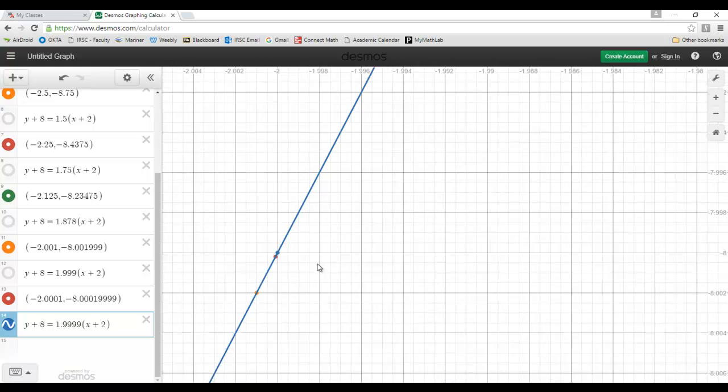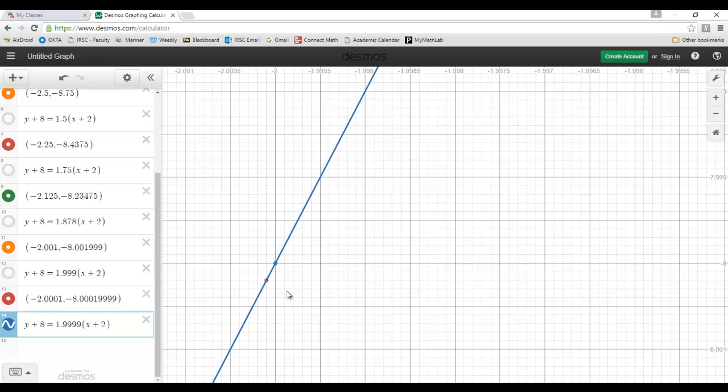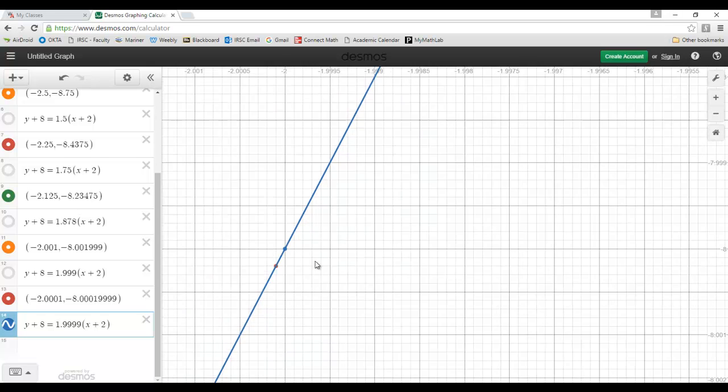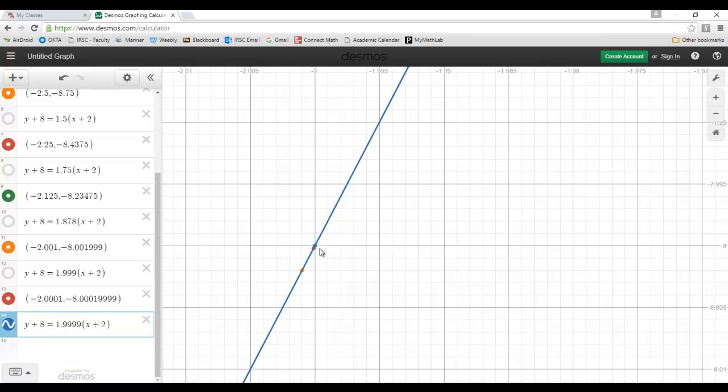I keep zooming in. There is how close I am. But notice, I'm not at 2a. That's my original blue point, and that was the point -2.0001, -8.000149.